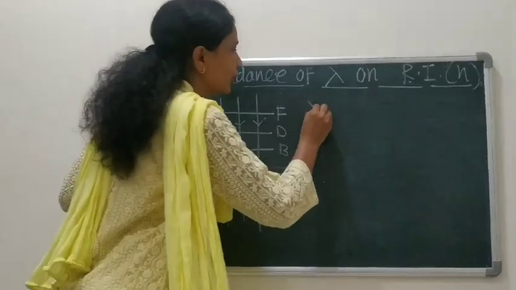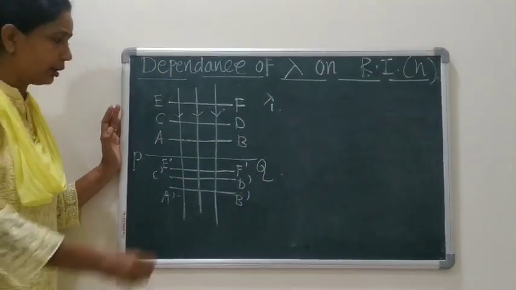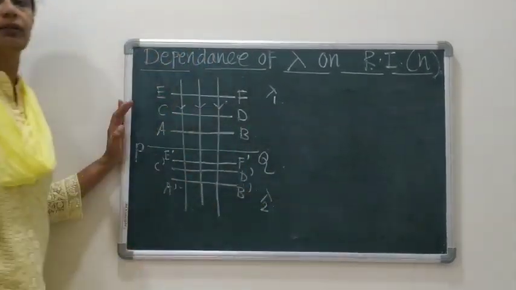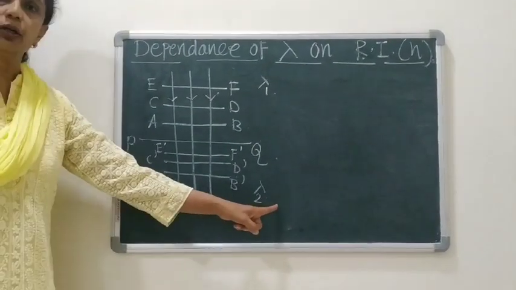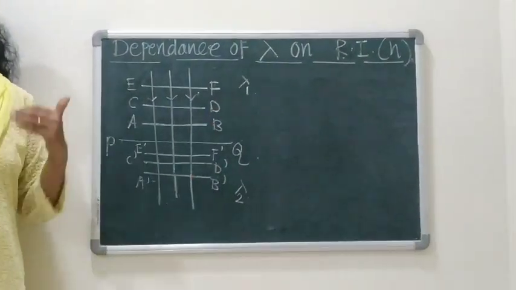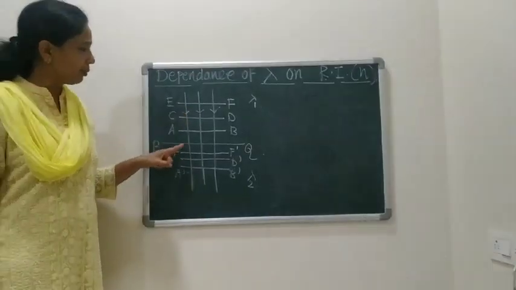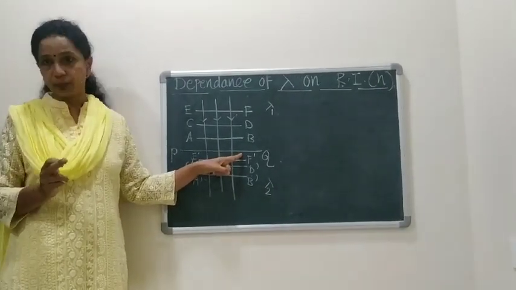In the first medium the wavelength of light rays is λ1 and in the second medium the wavelength of the light rays is λ2. Therefore, first consider that the wavefront AB reaches the boundary PQ at time t equal to 0.